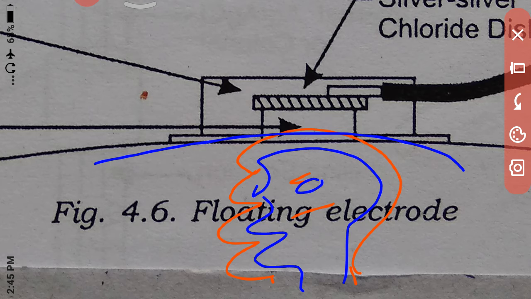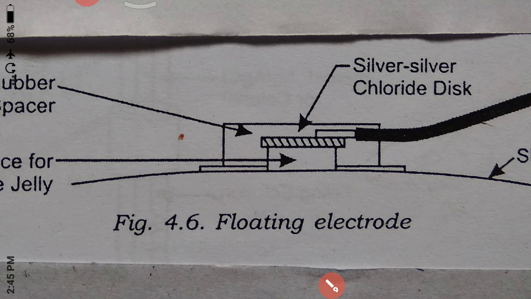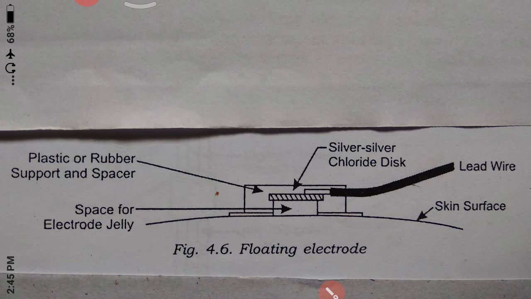Now the remaining parts in this electrode: the silver chloride disc, a metal plate, and one part of the metal electrolyte here.